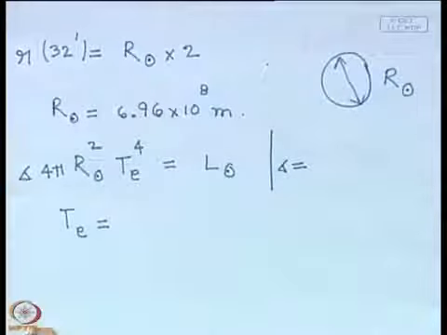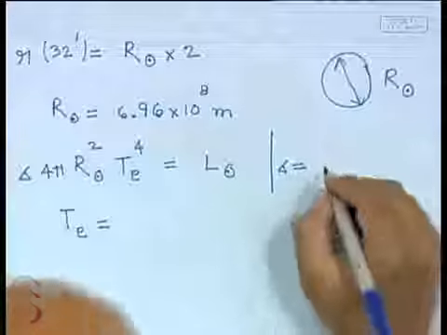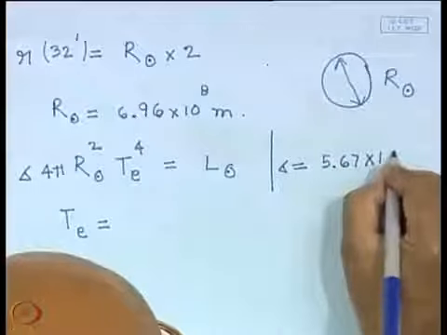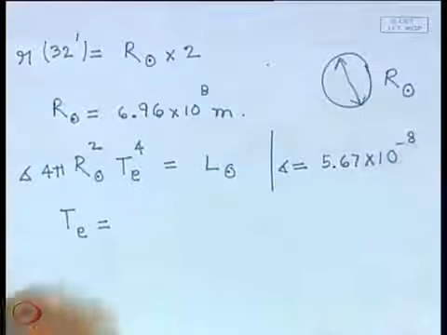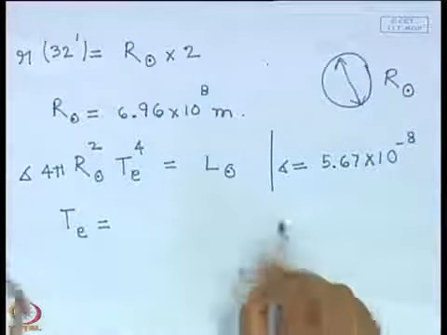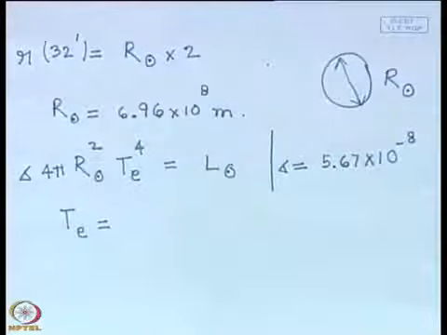We have already calculated sigma from first principles when we were discussing the microscopic nature of black body radiation, and sigma, the Stefan-Boltzmann constant, has a value of 5.67 times 10 to the power minus 8 in SI units. So, you have to get the units correct.